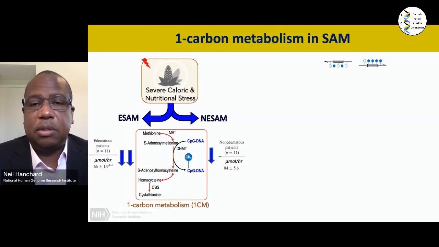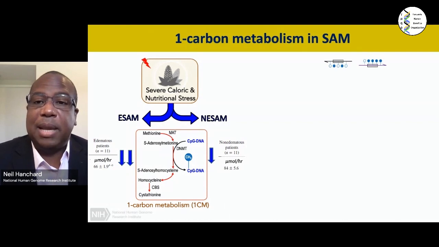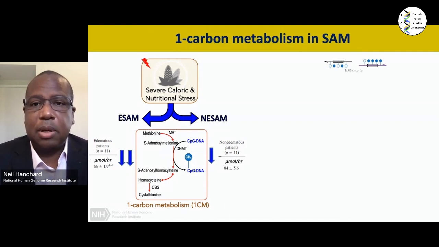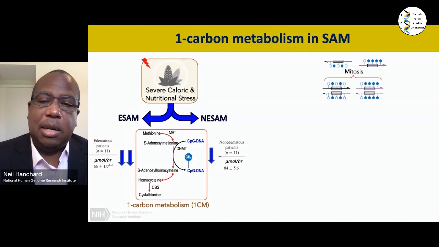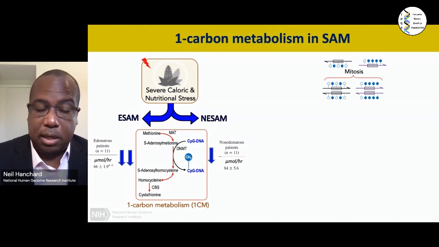And that's because DNA methylation is mitotically heritable. By that I mean that when the DNA is replicated, the new strand has to have the same methylation marks placed on it.